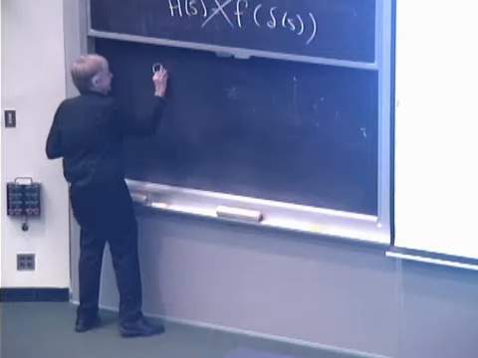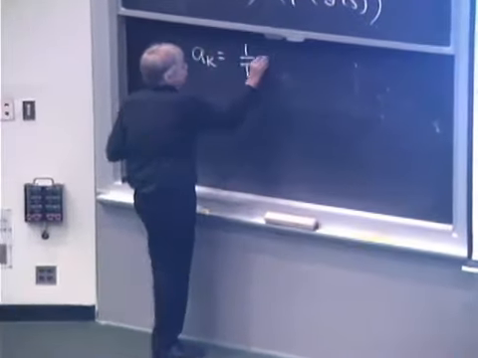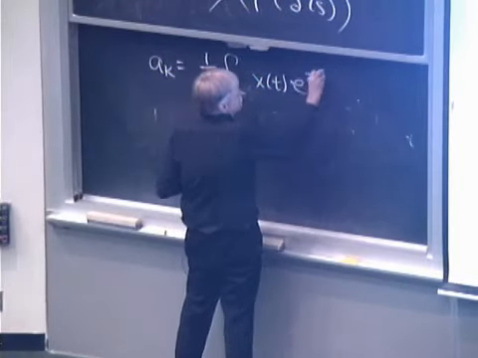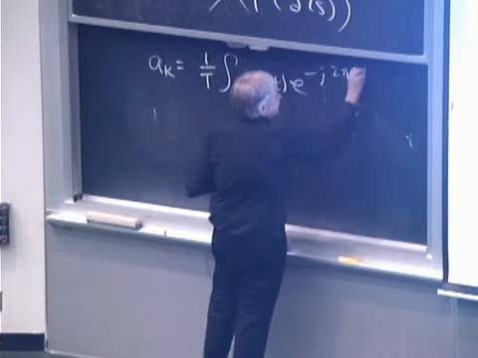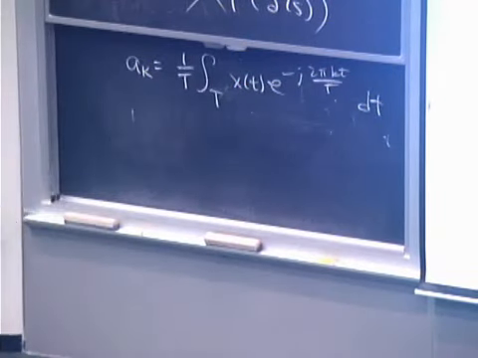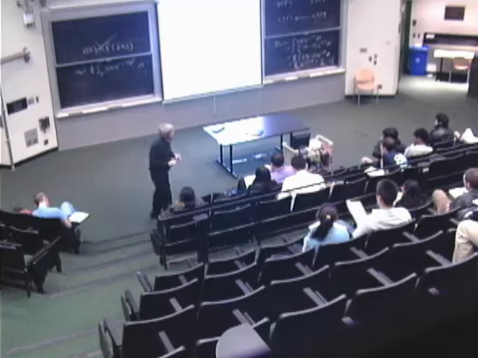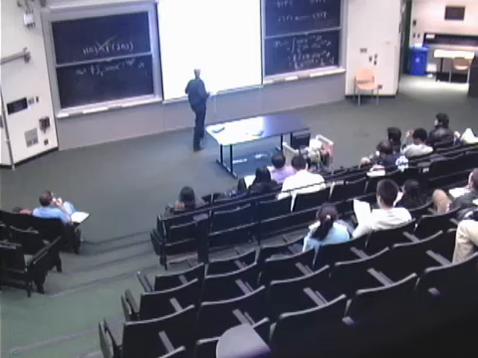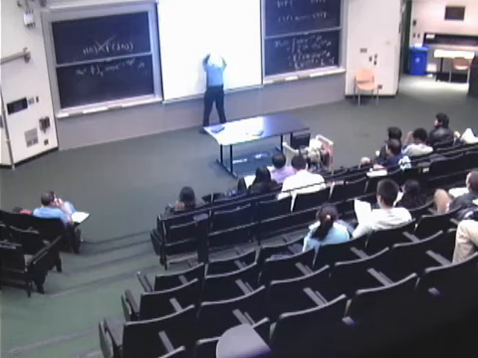Let's find a sub k, which would be 1 over T, the integral over T of x of t, e to the minus j 2 pi kt over T dt. Now I only need to find the series. I'll do the easy one, right? Never do something that's hard. I can choose any interval of t. Let me take that one.